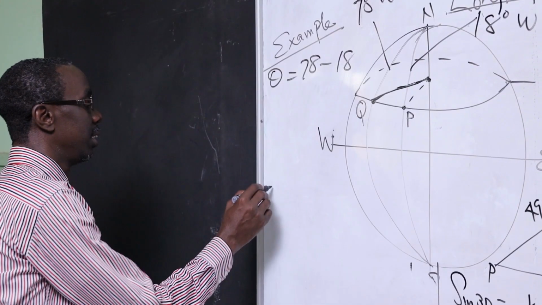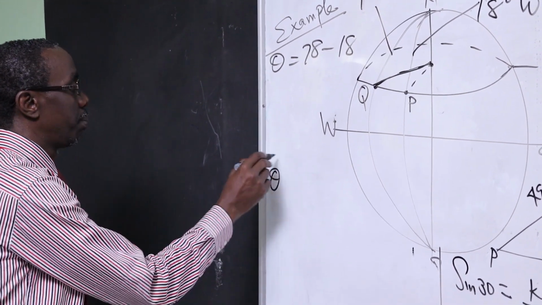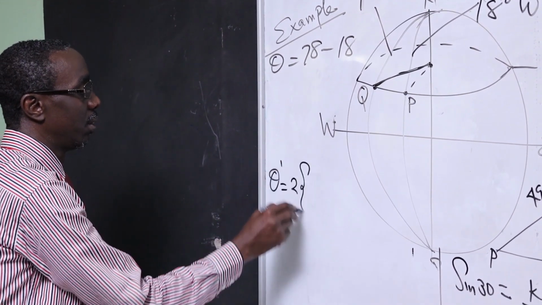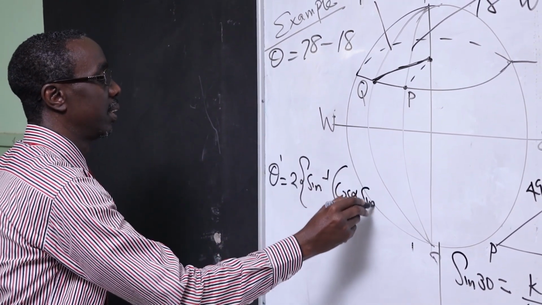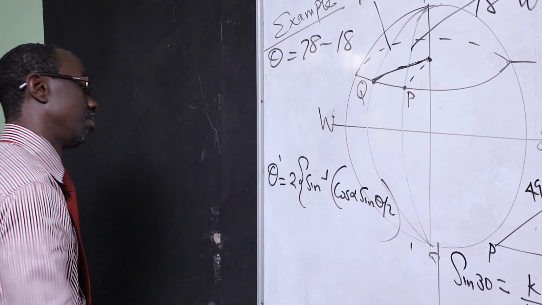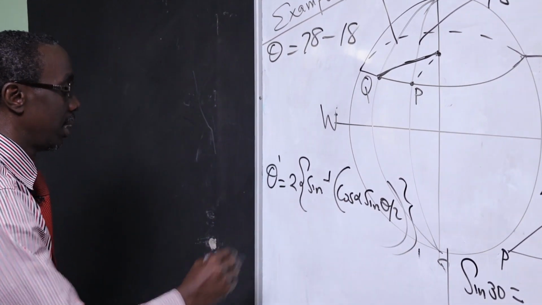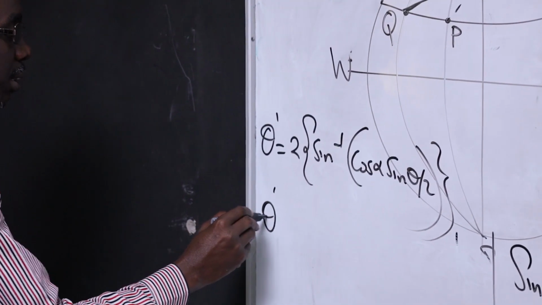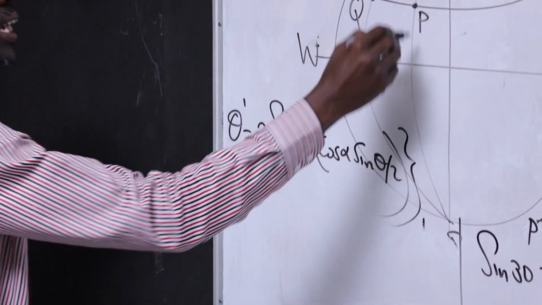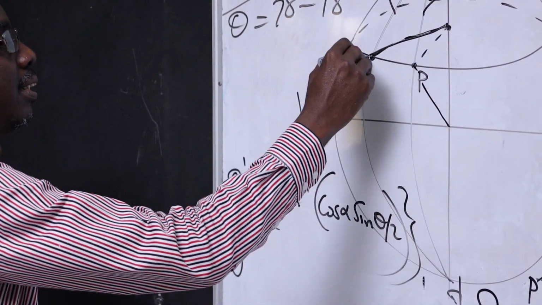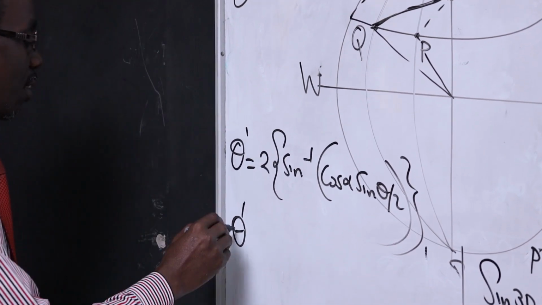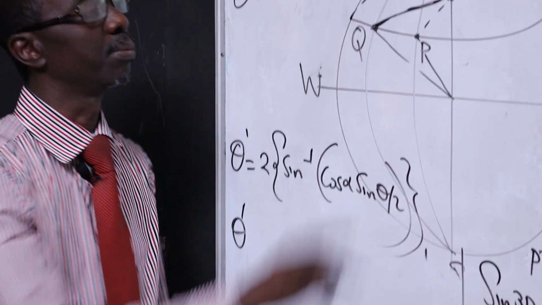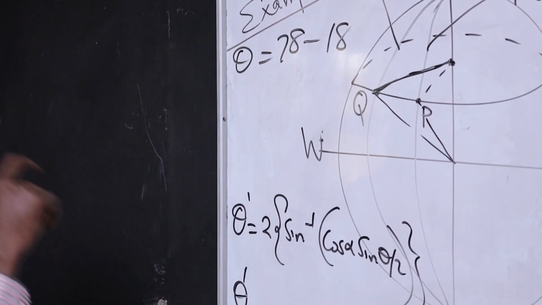And that will be theta prime is equal to 2 arcsine cos alpha sine theta over 2. The theta here is talking about theta of a great circle, not that small circle again.